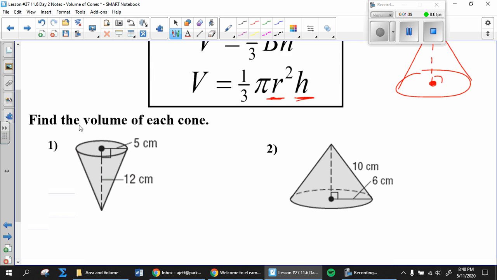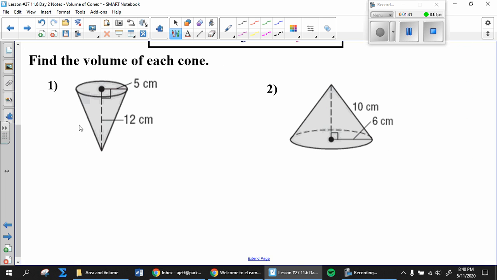Okay, so let's look at these two examples. Again, on our calculator we're going to be using the pi button. Here are the two variables that we need: the radius of our base, and the height of our cone. Here's our circular base. The radius is 5 centimeters. The height of our cone is 12 centimeters.